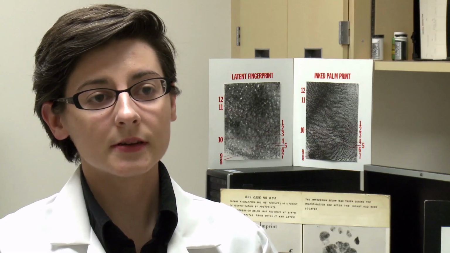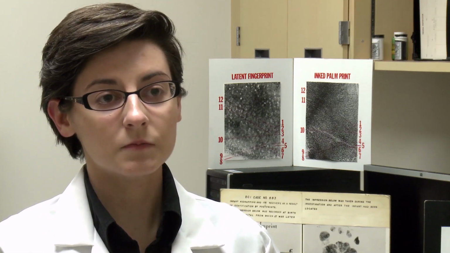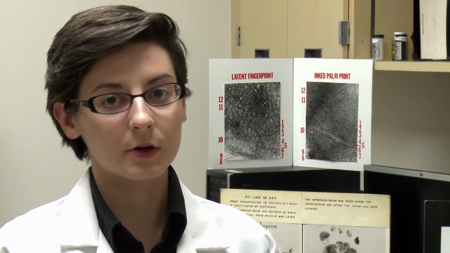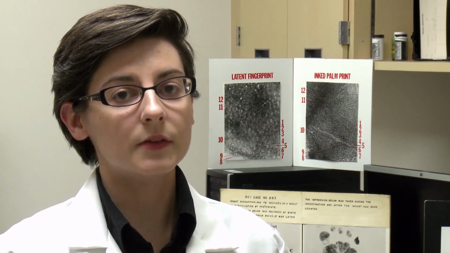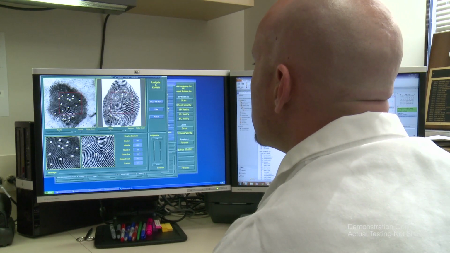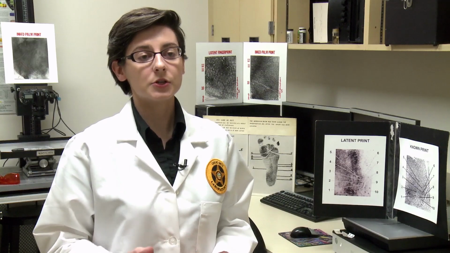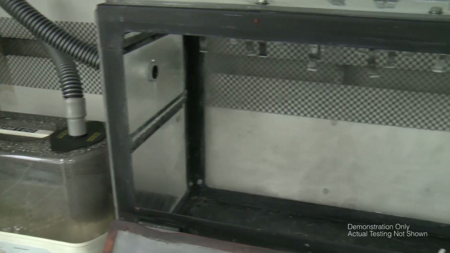When these ridges contact a surface, what you leave behind, whether it be sweat, dirt, or oil, leaves what is called a latent fingerprint. Sometimes these prints are visible, such as if they're on a glass or a mirror. Other times they are not. These latent fingerprints can be visualized by a couple different methods.